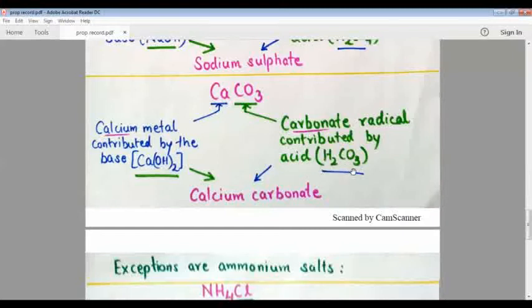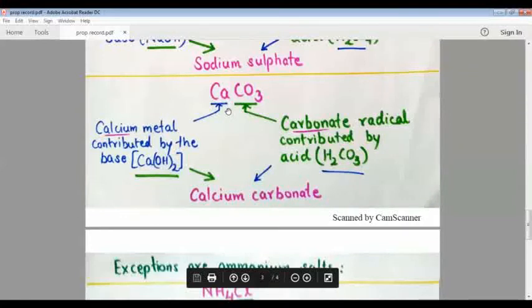Clear with this? So in this example also, calcium comes from a base, that is calcium hydroxide, and carbonate comes from carbonic acid, because it has a carbonate group in the formula, isn't it? So what will be the name? The name will be calcium carbonate.